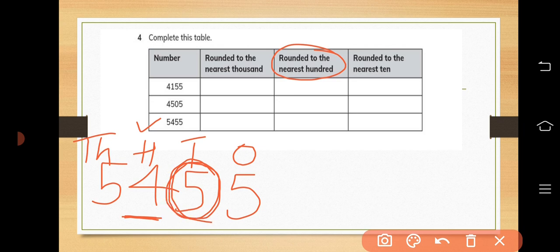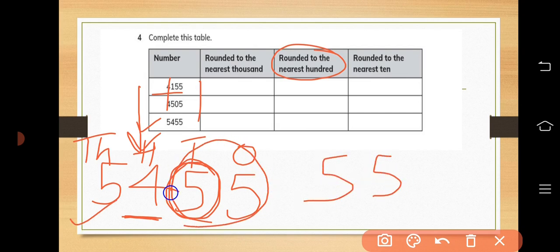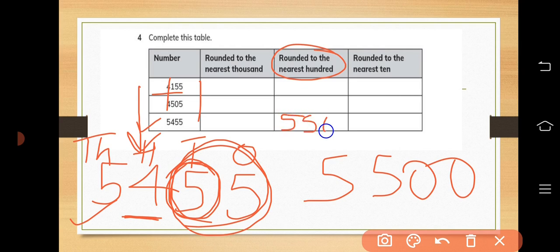So here you see that this value is equal to 5, so you have to round up. So it means that you have to add one in the underlined digit. So this 5 remains the same, this 4 becomes 5, and the remaining numbers become 0. So the answer is 5500.